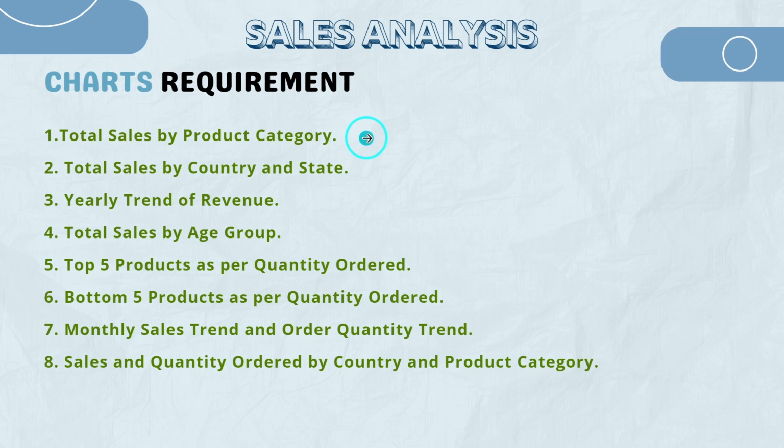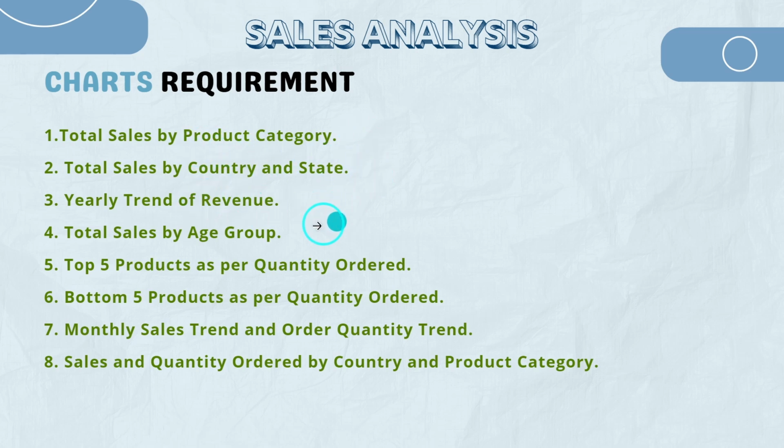And whenever you are going through this business requirement and then you go to the data walkthrough, always check if all these columns are there or not. Because if the columns are not there, then you have to create those columns based on the existing columns. For example, here we have to show total sales by product category, so we will have to find if there is any column such as category in that.